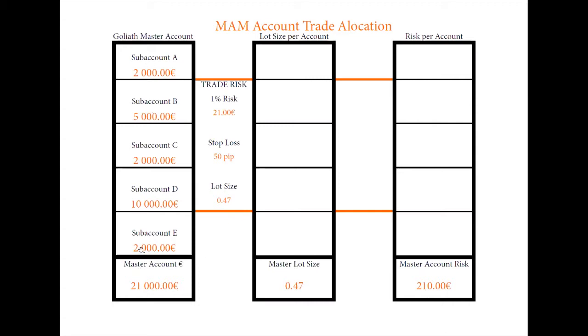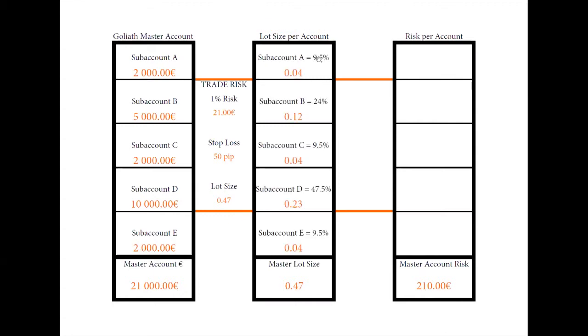In this case, it becomes more interesting because now the division can be according to the percentage that each account has in the master account. Sub-account A has 9.5% of the master account. Sub-account B has 24%. Sub-account C has 9.5%. Sub-account D, the 10,000 one, has 47%. Sub-account E has 9.5%.